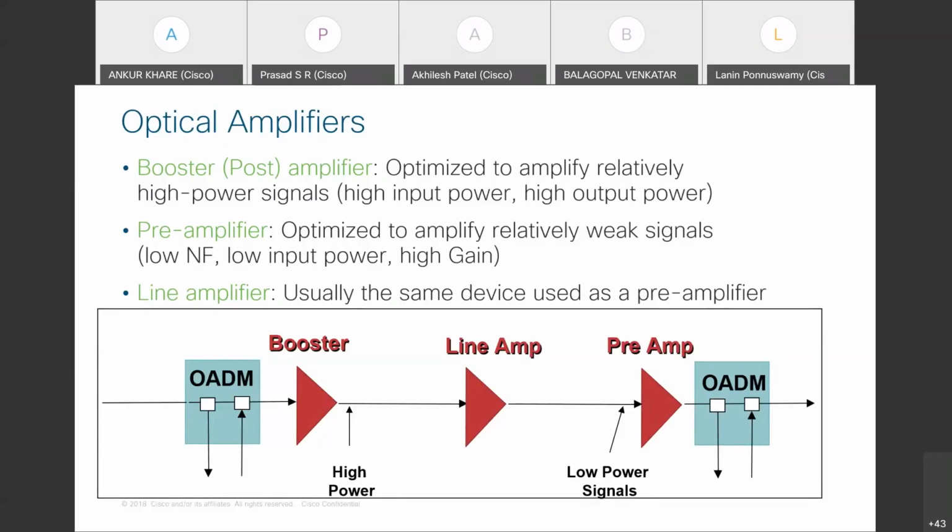So we have to plan the network based on the distances, the bandwidth, what type of requirement, cost, etc. Based on that, they will decide, okay, we have to put a line amplifier, what kind of amplifiers and at what distance. Okay. So an amplifier is nothing but just amplifying the signal. It is providing a gain. It should have a low noise figure.